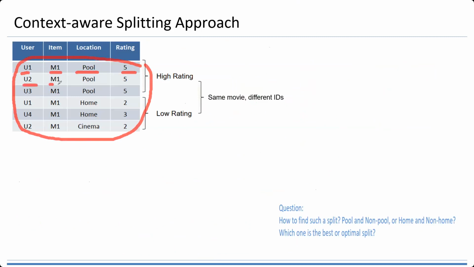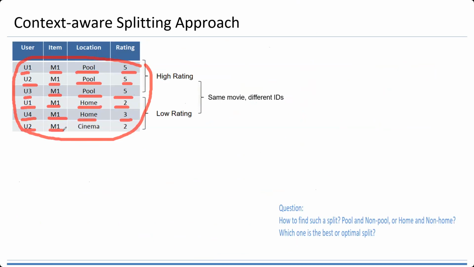User 2 watched the same movie M1 at the pool and gave rating 5. User 3 watched movie M1 at the pool and also gave rating 5. User 1, again, watched movie 1, but now the location is at home and the rating is 2. User 4 watched movie 1 at home and the rating is 3.